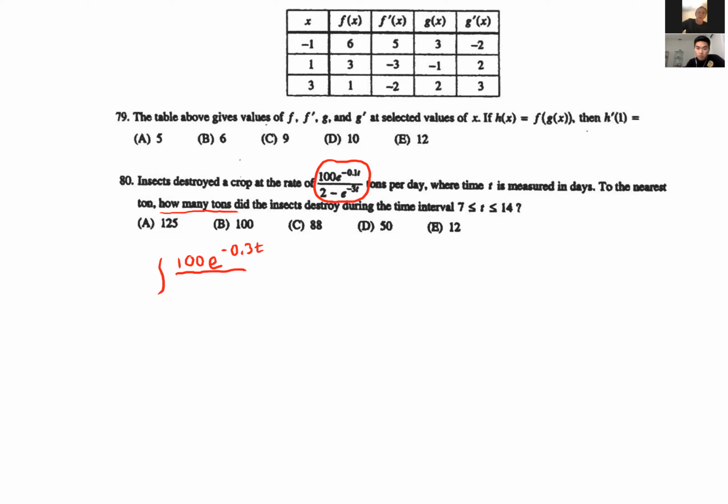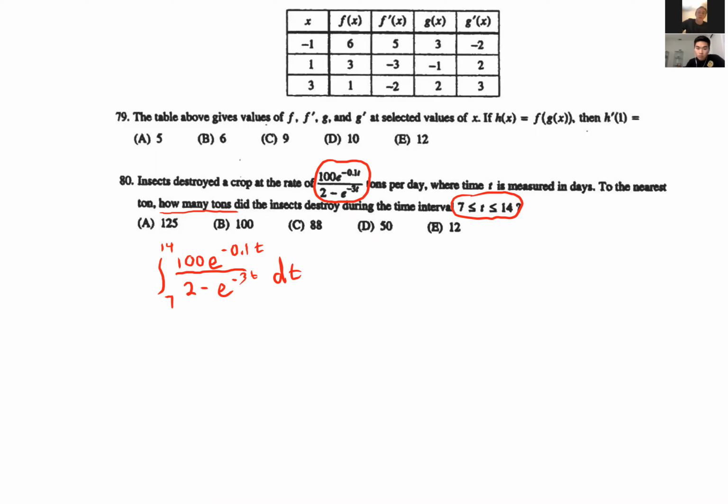On the bottom, I get 2 minus e to the negative 3t dt. And we're going over this interval from 7 to 14. I think that's a 0.1 on the top. Pretty sure it's a 0.1. Thank you, you're right. So this is going to be a 0.1.